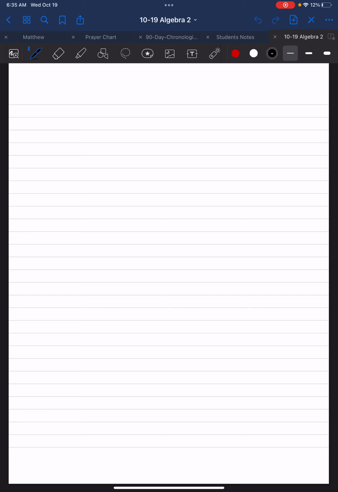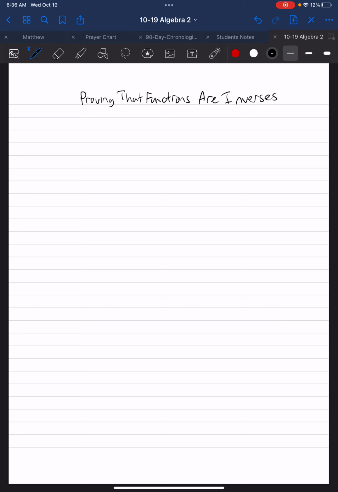One thing I noticed on this formative we took yesterday was that we struggled with the composition, proving that functions are inverses.